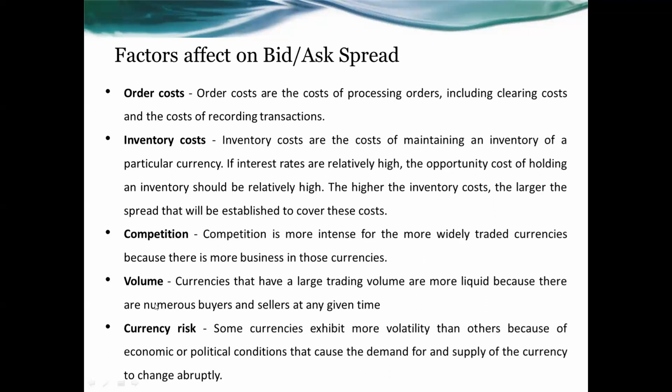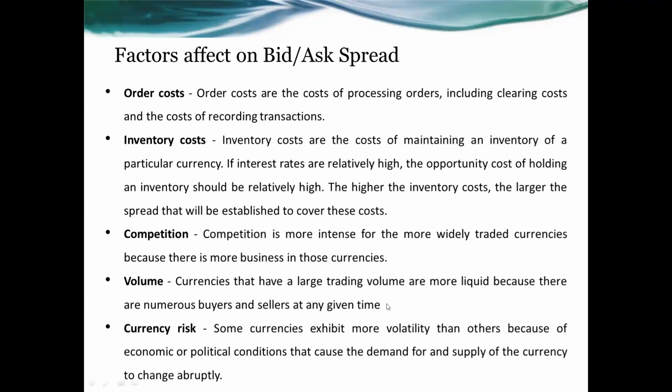And the trading volume. If you have high trading volume for the US dollar and low trading volume for the Australian dollar, that also affects the bid and ask spread. And the last thing is currency risk. The Sri Lankan rupee is now identified as a risky currency, a very low value currency.